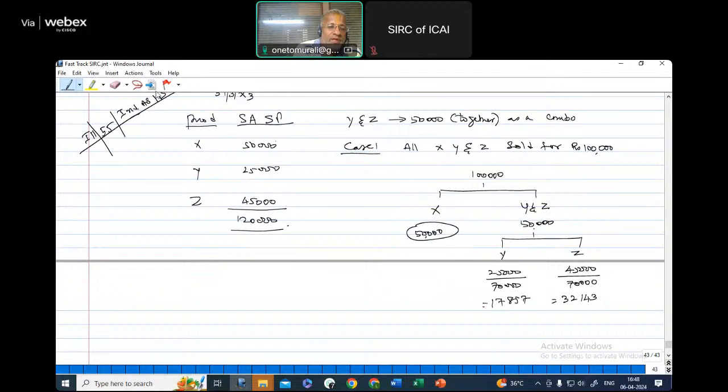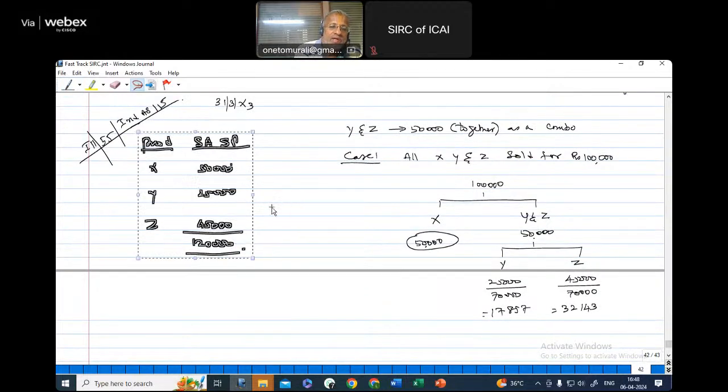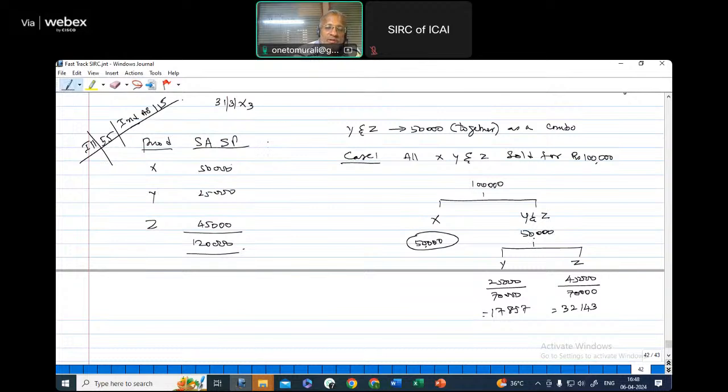So in this particular case, the breakdown of rupees 100,000 is 50,000, 17,857 and 32,143, totaling up for 100,000.